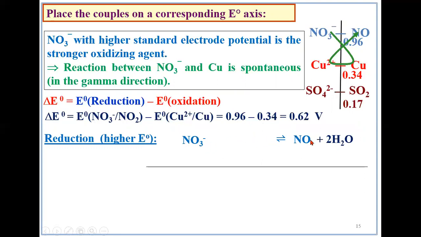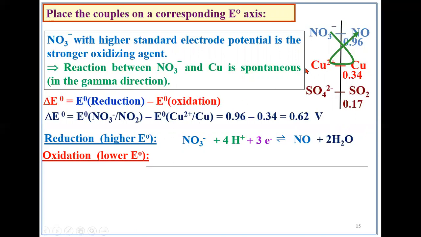I have 3 oxygens here and 1 oxygen here, so I need 2 water molecules. Then balance the hydrogen with H+, so I need 4 H pluses on this side. And then balance the total charge with electrons. Here we have minus plus 4 plus, 3 plus on this side, 0 on this side, and so I need 3 electrons. Notice indeed that this is a reduction reaction.